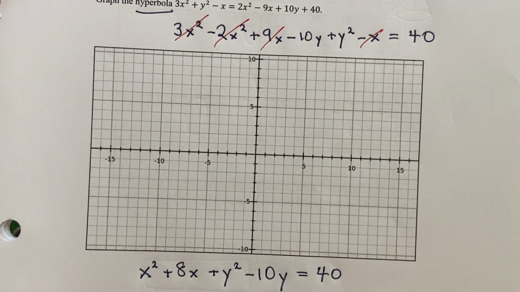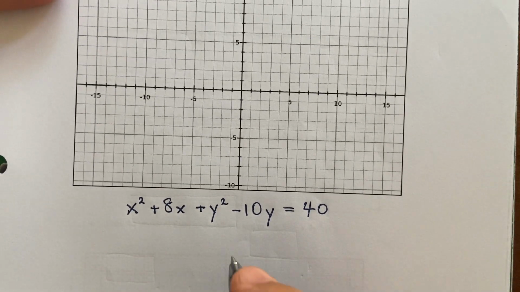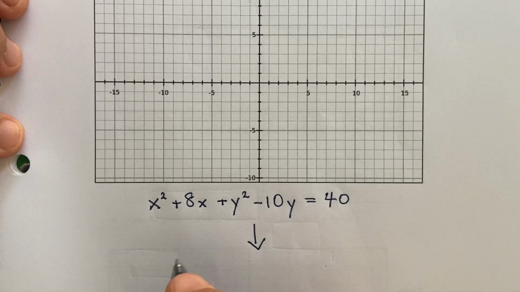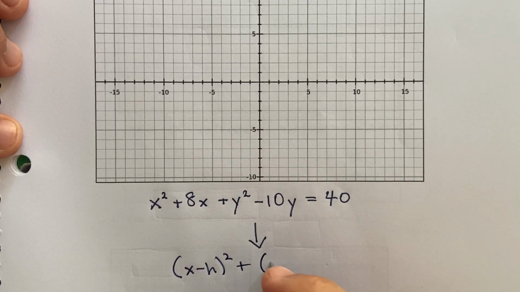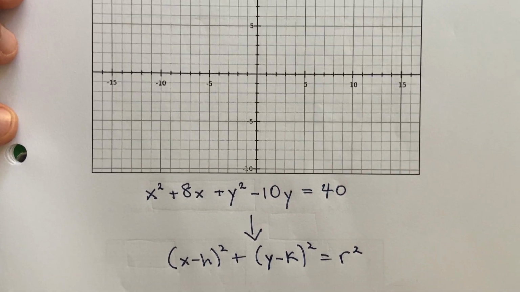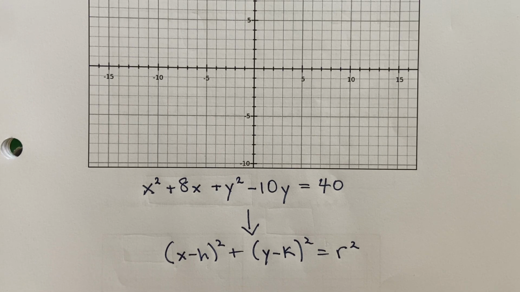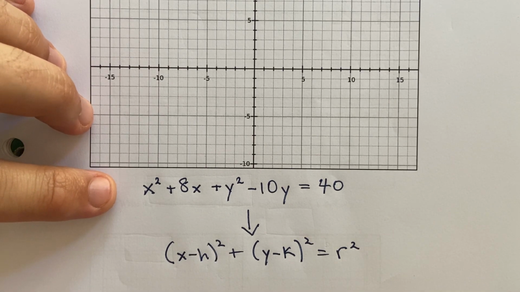Keeping in mind, I'm actually aiming for a circle. So the goal I have in mind is I want to convert this to something that looks like x minus h squared plus y minus k squared equals r squared. This was our circle. So it looks like I need to complete the square a couple times.